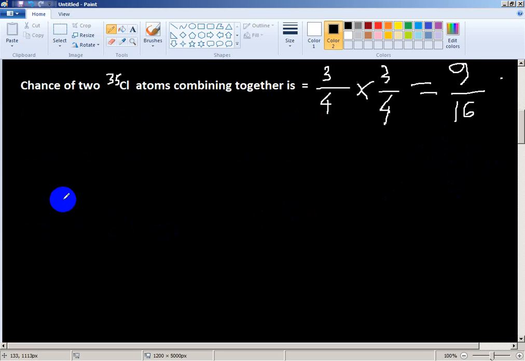Now we'll find the chance of a chlorine-35 and a chlorine-37 atom combining together.